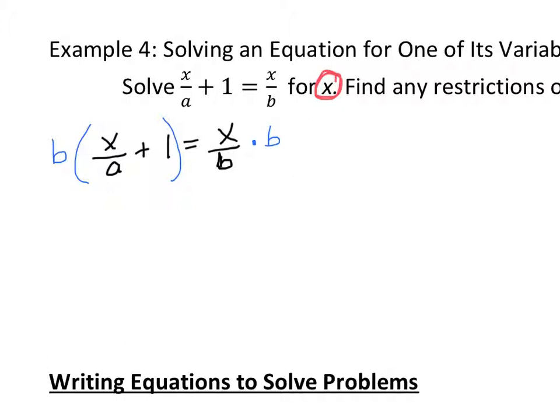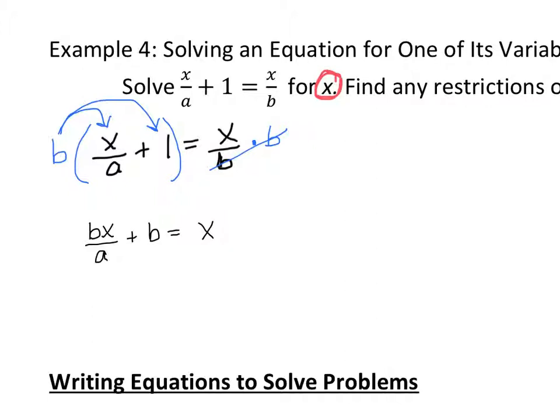Okay, and so those b's cancel, but what do we need to do with b on the right side now? Distribute it in there. Okay, so we're going to have bx over a plus 1 times b is just b, and that's going to equal x.